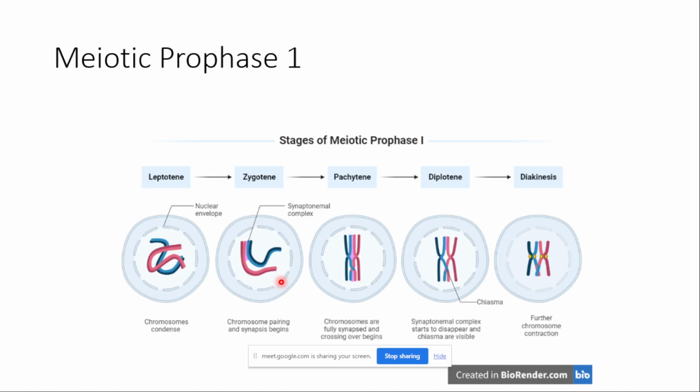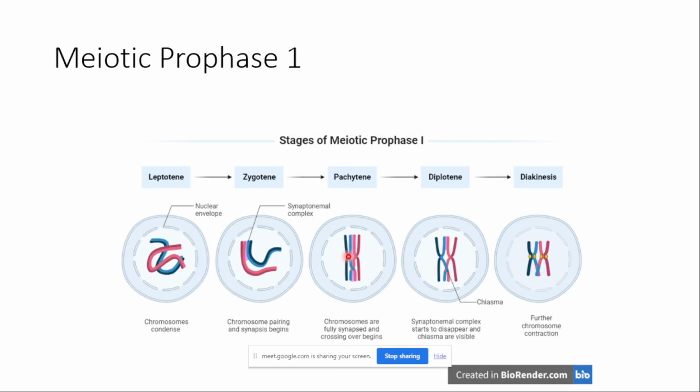You can see that these two are the homologous chromosomes, this and this. After the duplication, they have to be aligned with each other so that these two non-sister chromatids can exchange their genetic material by the process known as crossing over.